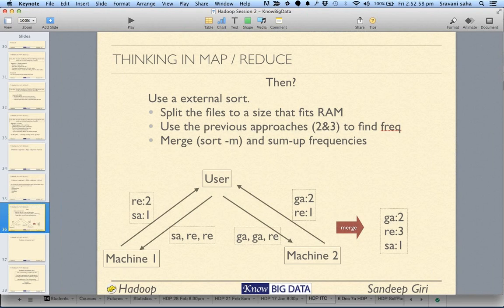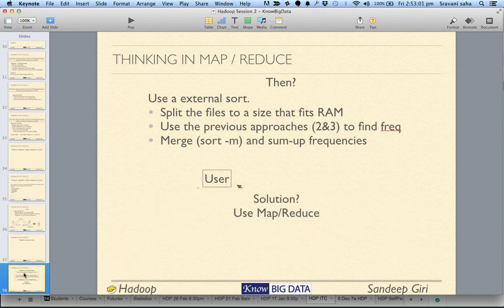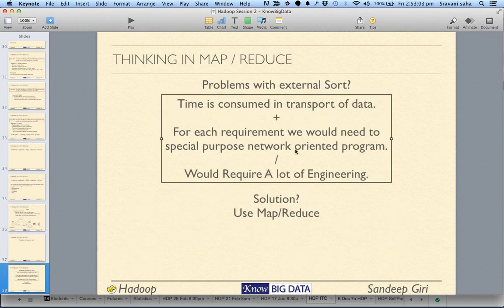And synchronization. Yes. So the main problem with this is synchronization, merging of complex data. All of that I am putting under the heading that it would require a lot of engineering. Synchronization is a problem which can be solved by putting various kinds of flags and various techniques, but that would require a lot of engineering.